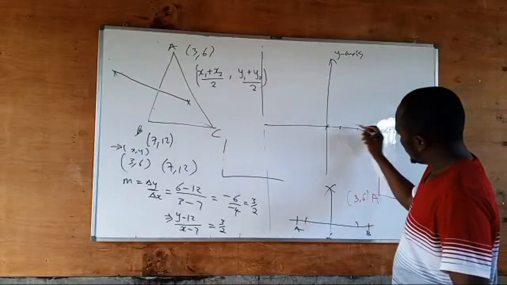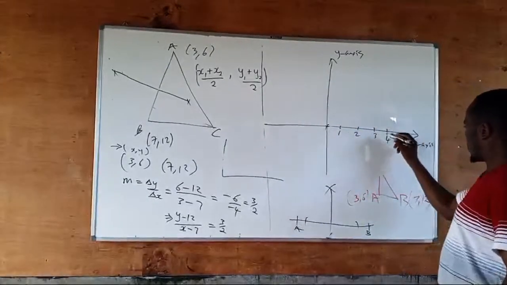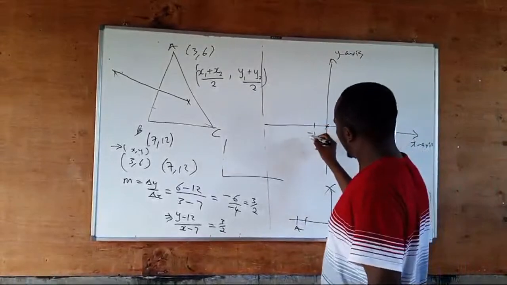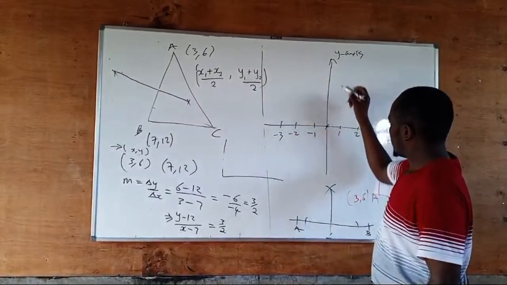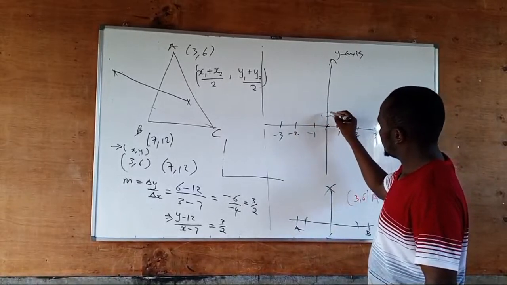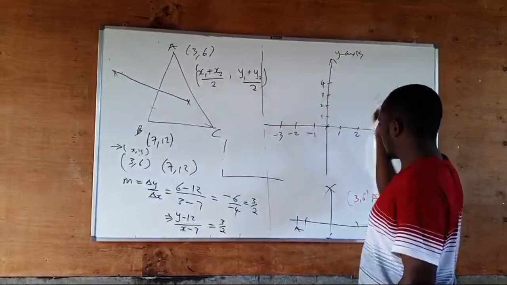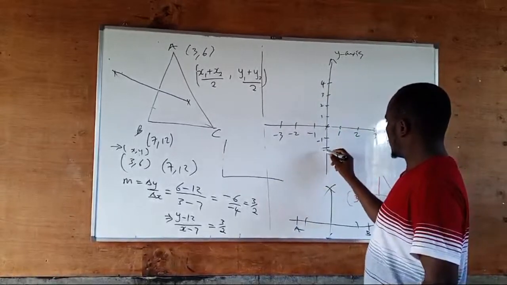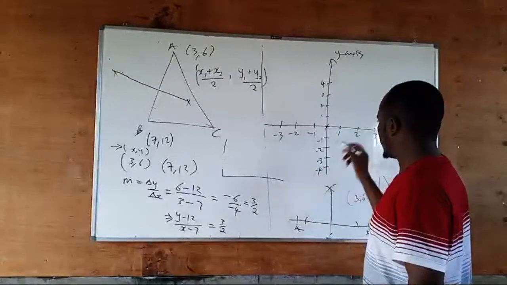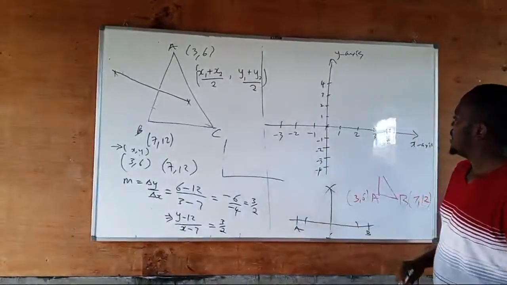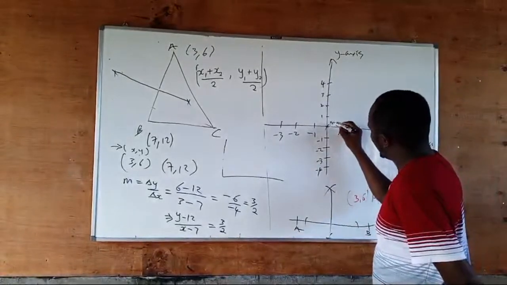This is 0 kwenda hivi, and then 1, 2, 3, 4 kwenda hivi, and -1, -2, -3. Then hapa kwenda hivi ni 0, then 1, 2, 3, 4, then up to infinity, and -4.